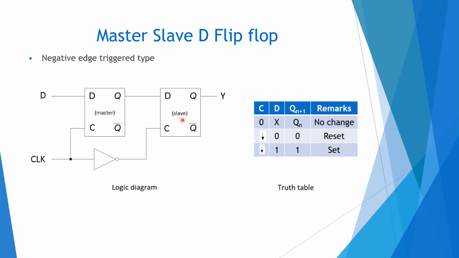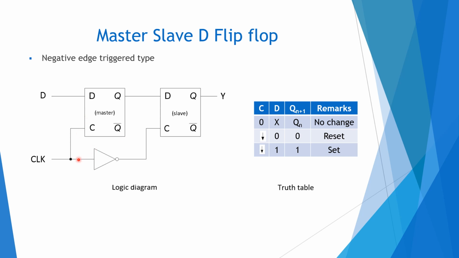Why is it called master and slave? Because the output of the slave follows the output of the master, which is connected to the D input of the slave. And here you can see, at the high state of the clock, the output of the master changes according to the D input when the clock is high.